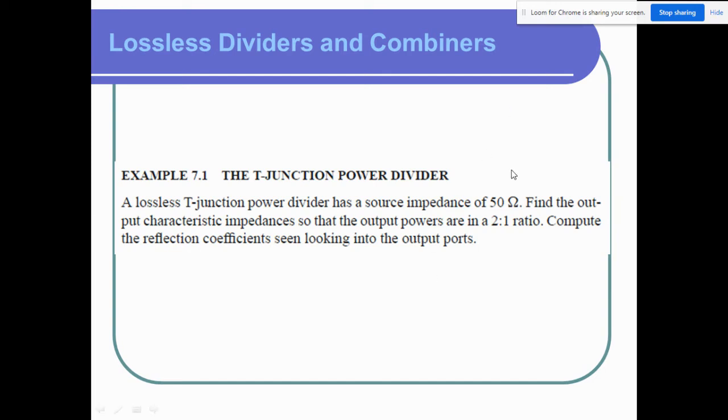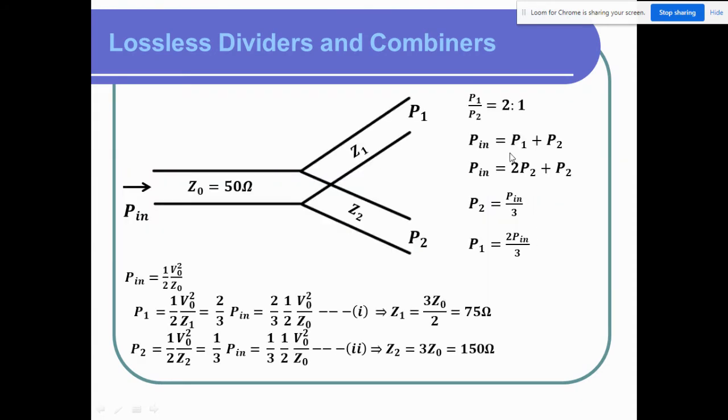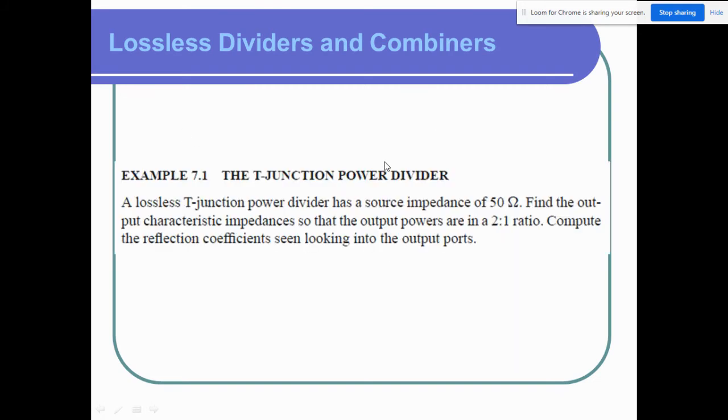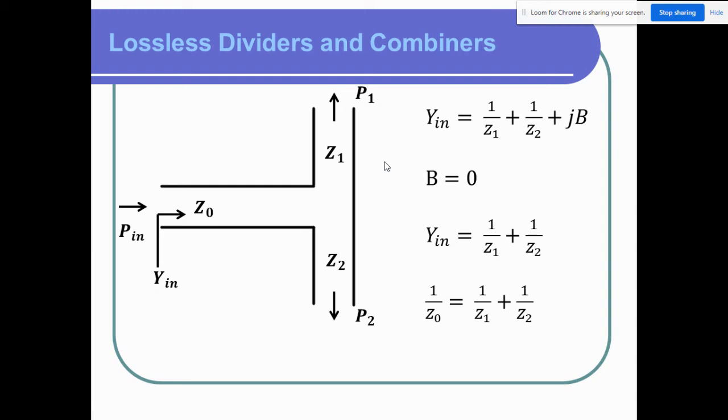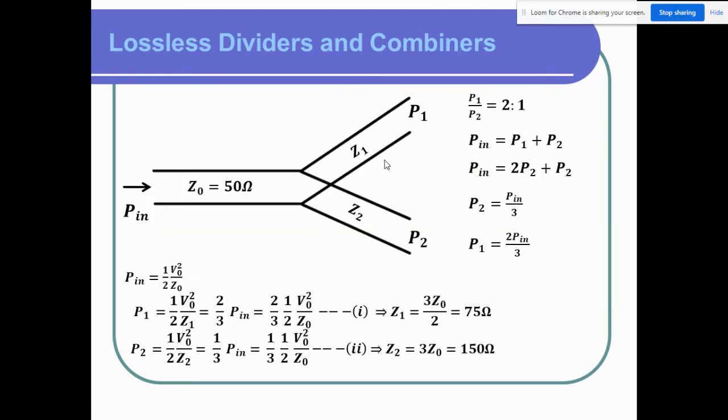Let us remember this. This is 50 ohm, and the power output ratio is 2:1. So here this is the design. I made it a bit more realizable. So we have a Z0 of 50 ohm. We have a P in, and then we are going to separate the P in into 2 and 1.